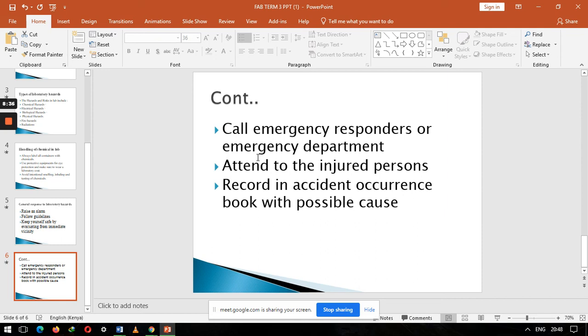In every institution, we have a department which handles these emergency cases, and you offer first aid services to the injured persons, for example, and then you have to record that an accident happened at this time on this date, what the causes were, and how the school reacted accordingly to that kind of hazard.